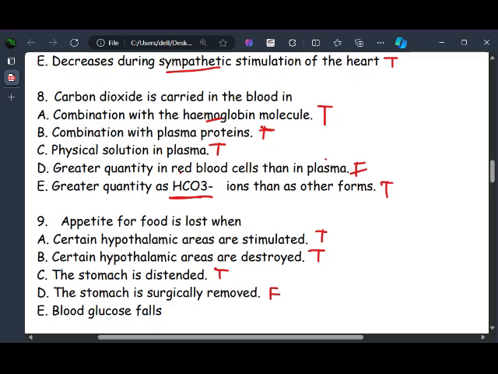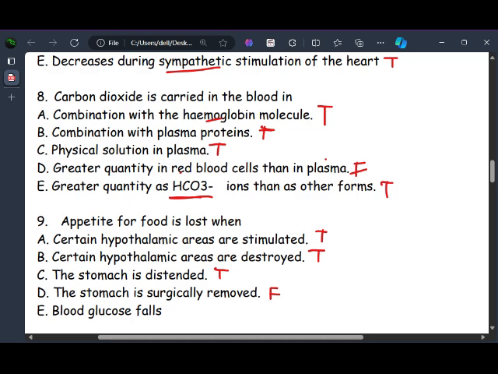Small chunks at spaced intervals, and life goes on like that. The person is constantly eating, but small amounts over prolonged intervals of time. So if the stomach is surgically removed, you are still not going to lose appetite. You're still going to feel hungry.